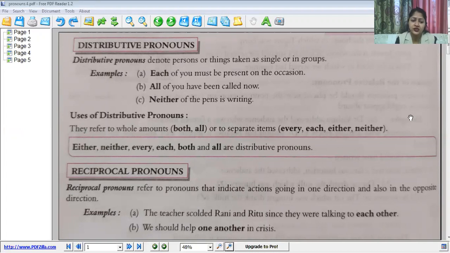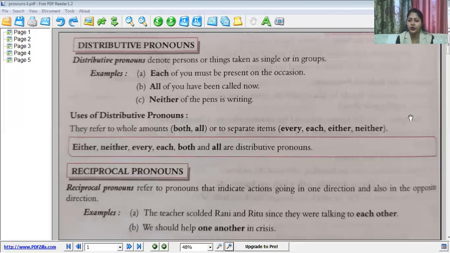Let's see what reciprocal pronouns are. Reciprocal pronouns refer to pronouns that indicate actions going in one direction and also in the opposite. Means you have those two pronouns going in opposite directions.